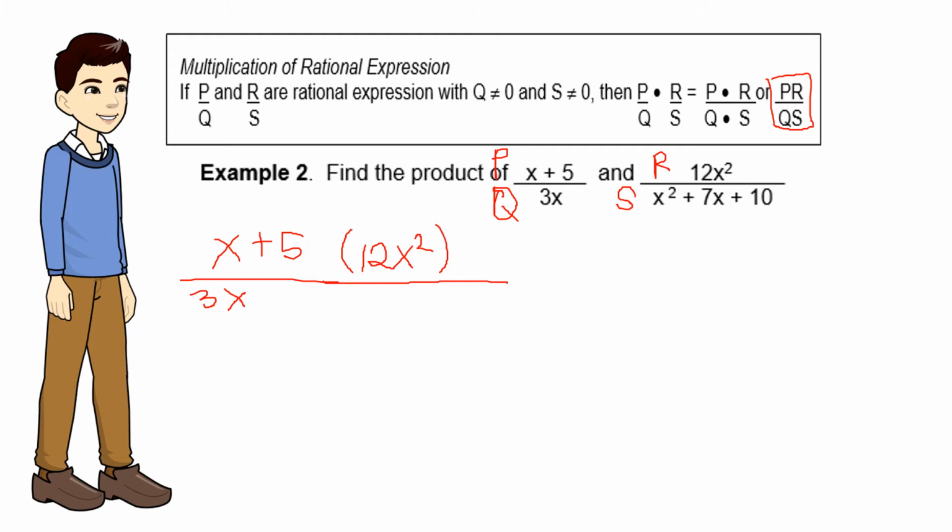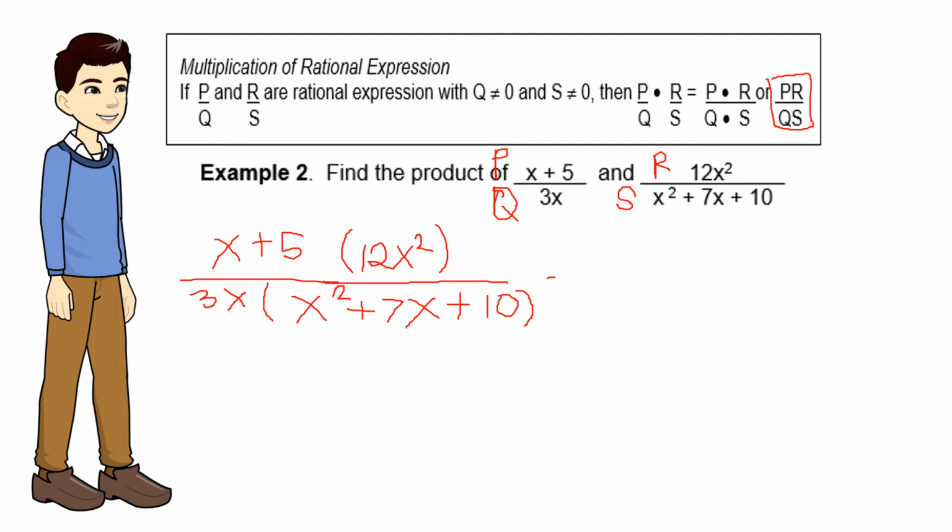Then sa denominator, x squared plus 7x plus 10. Okay, so this is our PR over QS.